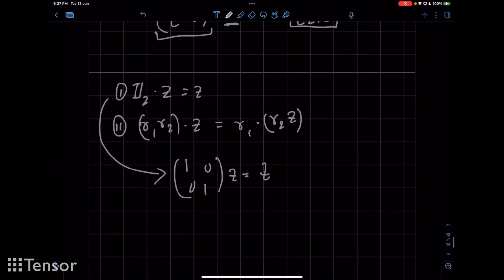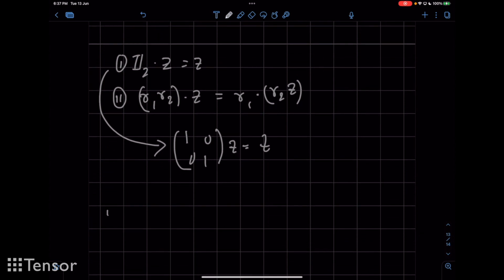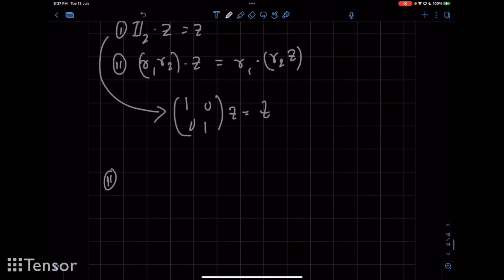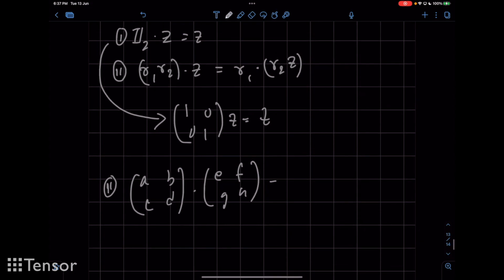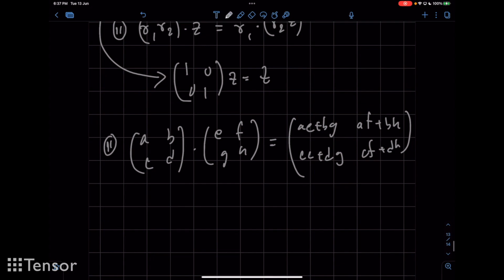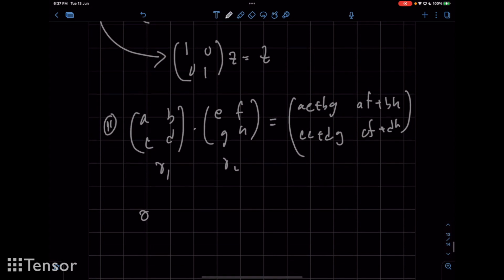Now we are going to verify the second one. Let's say gamma 1 is A, B, C, D and gamma 2 is E, F, G, H. Then what is this product? This product is AE plus BG, AF plus BH, CE plus DG, CF plus DH.